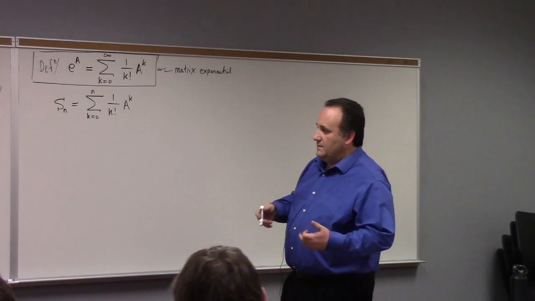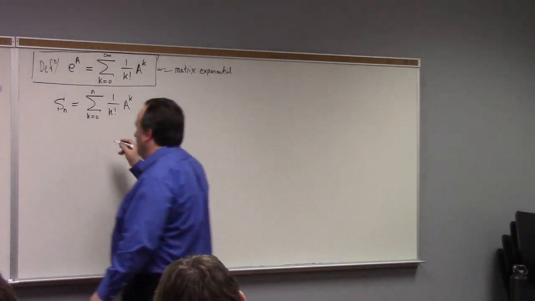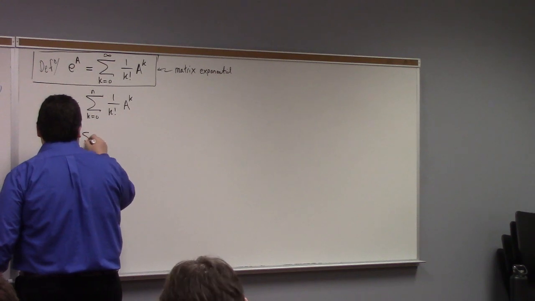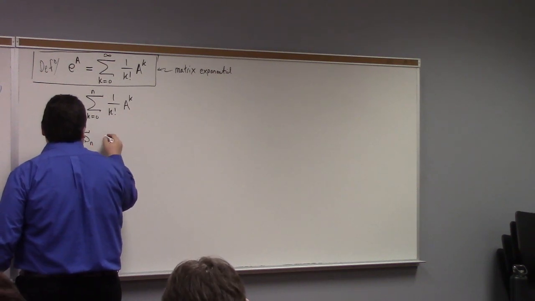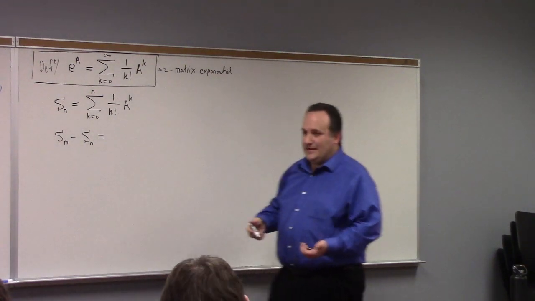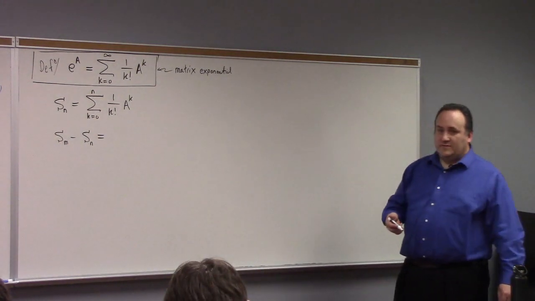And if I look at S_m minus S_n, my bad, S_m as in Mommy, n as in Nenu, what does it leave you with? I'm assuming m is greater than n. What are you left with here?